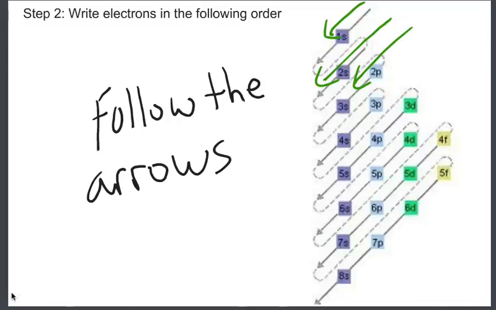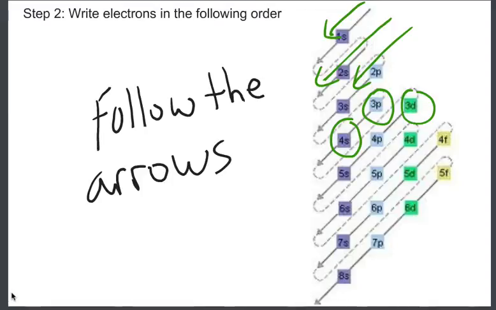Now, you might have noticed something kind of wonky. It goes 3p, 4s, then back to 3d. Well, there's a reason for that. Without getting into too much technical information, essentially, it requires less energy to fill the 4s subshell than it does the 3d subshell.